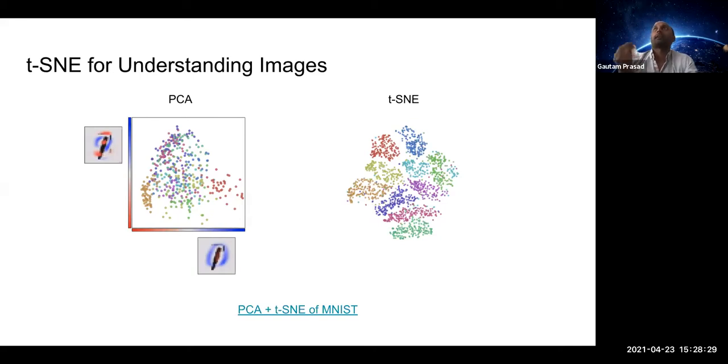The reason why is that the relationship between these image shapes and the pixels on them is very complex, and it's a nonlinear relationship. PCA doesn't have the complexity in the model to be able to put that kind of structure in a low dimensional space.